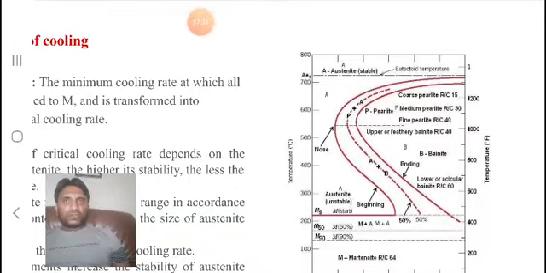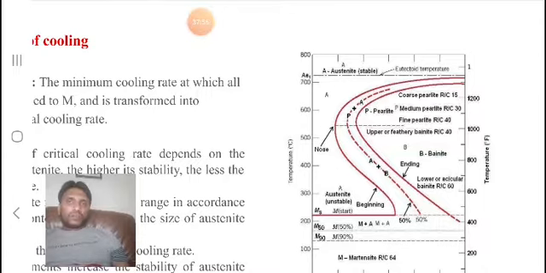So with the help of these curves, we will select the appropriate cooling rate without touching the nose. The y-axis is about temperature, and the x-axis is about time.